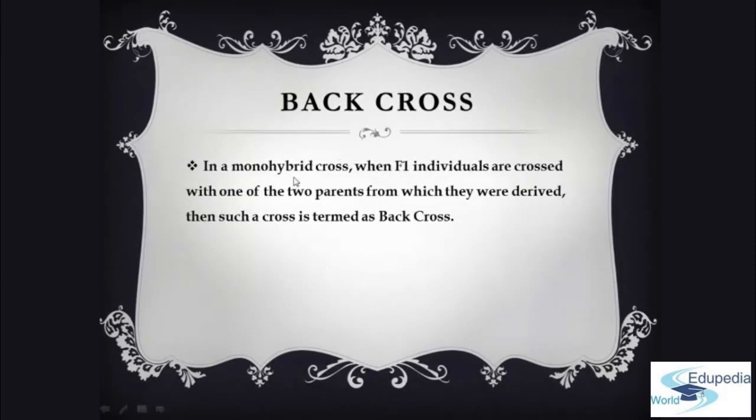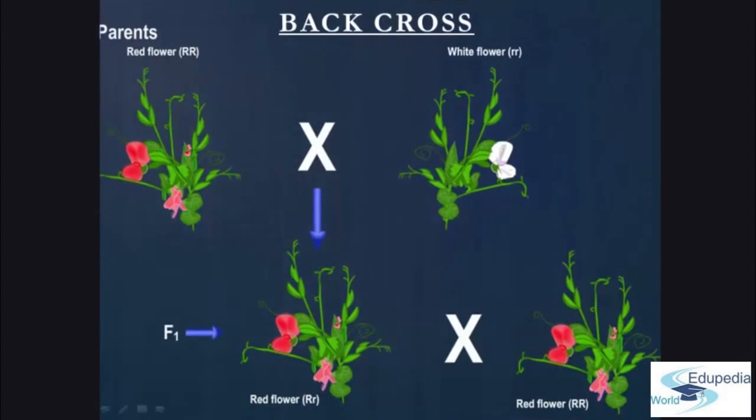In a monohybrid cross, when F1 individuals are crossed with one of the two parents from which they were derived, then such a cross is termed a backcross. Backcross can be better understood with the following example.